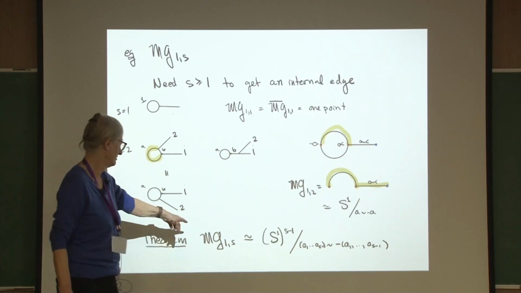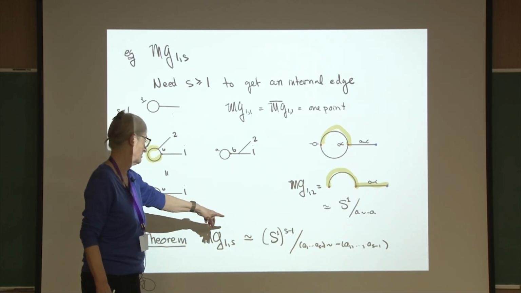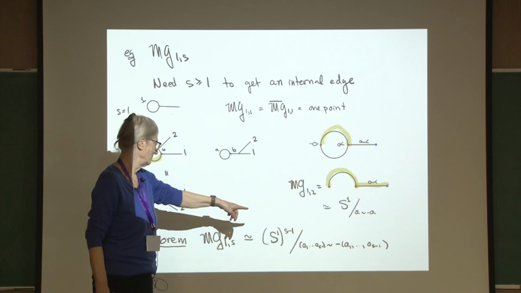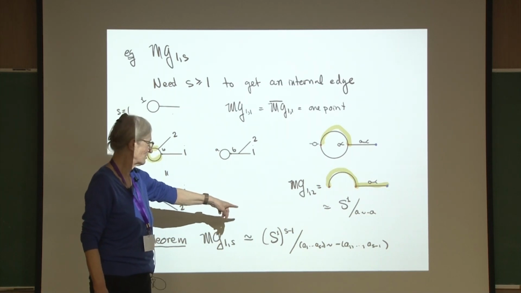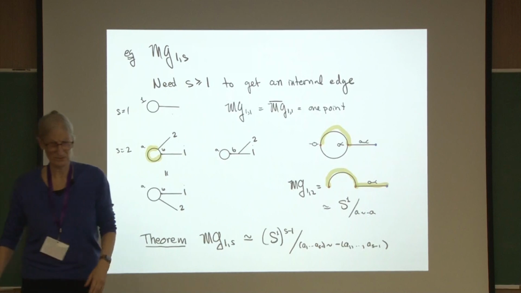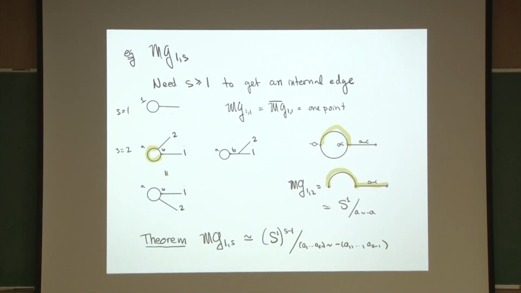So you get the entire MG1S is homotopy equivalent to an S minus 1 dimensional torus modulo an involution, a flip. If S minus 1 happens to be even, this is called a Kummer variety. So we know everything we want to know about this space.